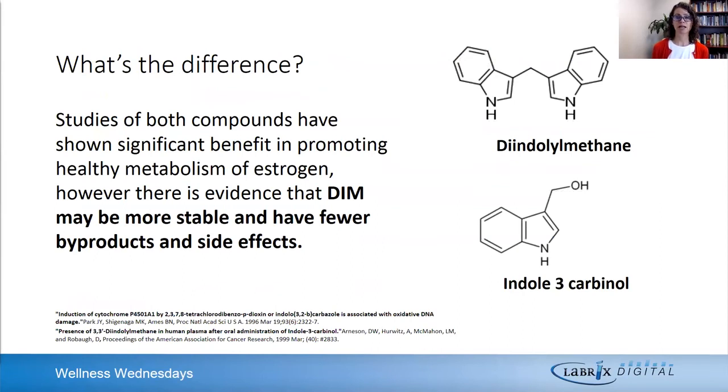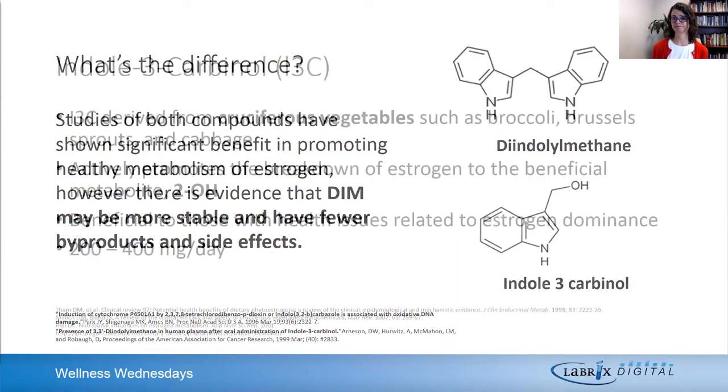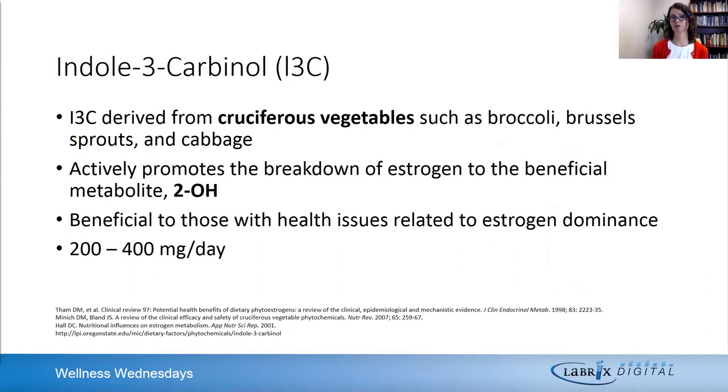Keep in mind that I3C is produced when cruciferous vegetables are chopped or chewed. When it combines with stomach acid, it breaks down into DIM, so DIM is a little further along the conversion pathway. I3C promotes the 2-OH breakdown pathway of estrogen.